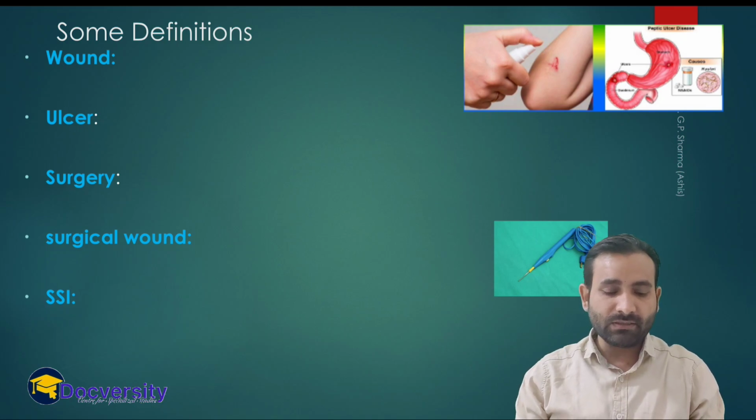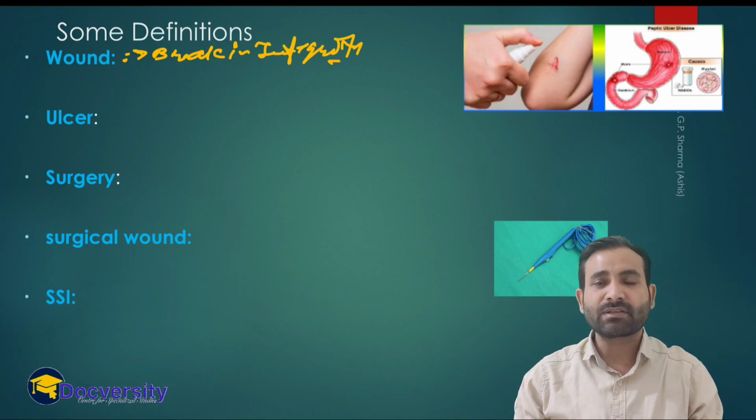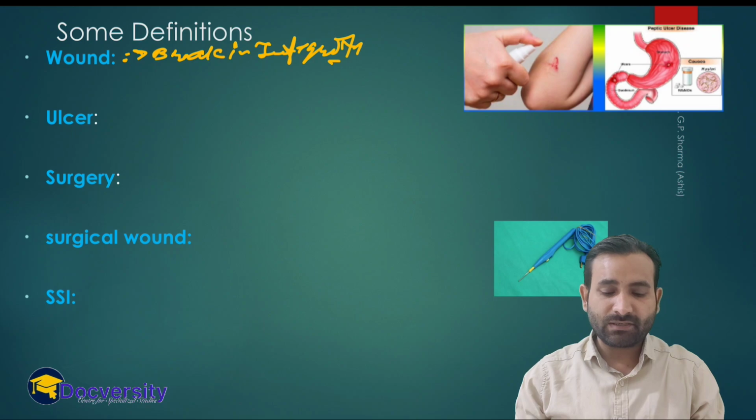What is a wound? We know already, those students who are continuously following our lectures know these definitions already. A wound is a break in the integrity of the tissue or the skin, and this may produce functional or structural abnormalities.